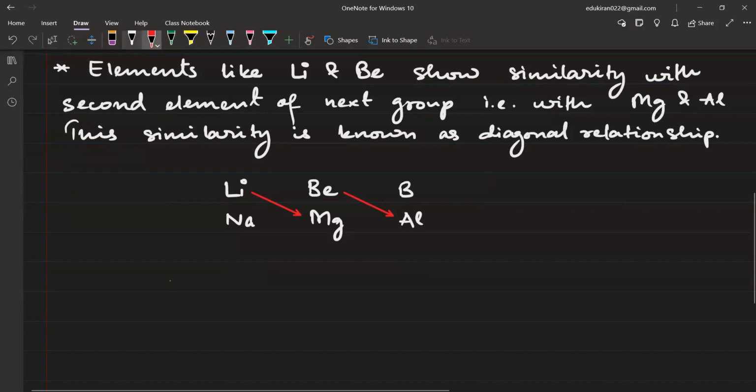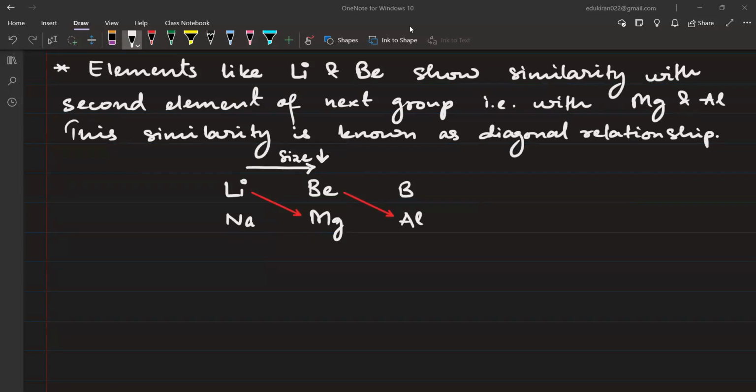Right, next point. देखिए अगर आप यहाँ पे देखें, what happens if I go in a period left to right? The size decreases. Correct?